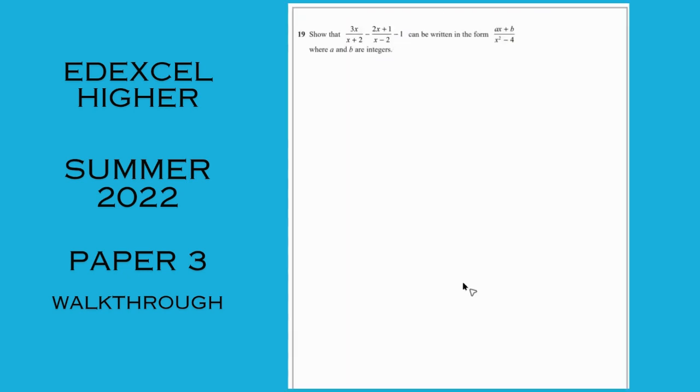So, not bad algebra, just lots of it for this one. There's no equals, so there's no solving involved. It just wants us to write it all over a common denominator, like so. That means we need to multiply every term by both of these. So for the first term of 3x, the x plus 2's cancel.